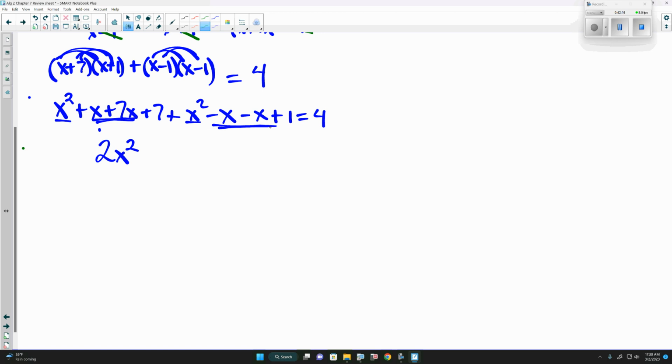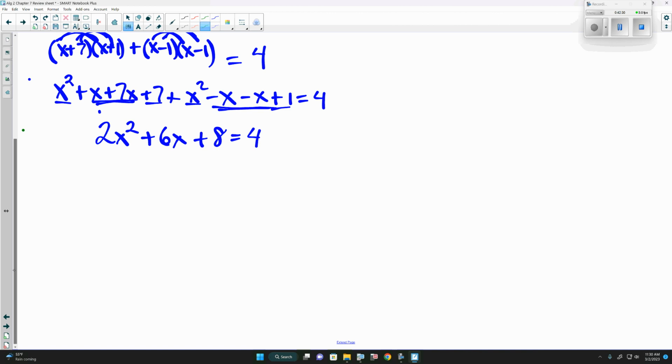Minus x is 6x. 7 plus 1 plus 1 is plus 8 is equal to 4. Now, we do need to get this equal to 0. So we minus 4 from both sides, telling us that 2x squared plus 6x plus 4 is equal to 0.